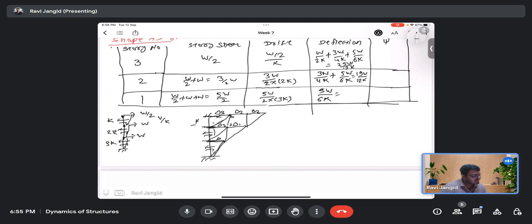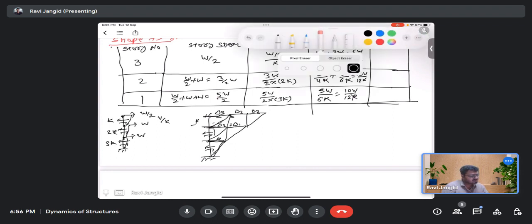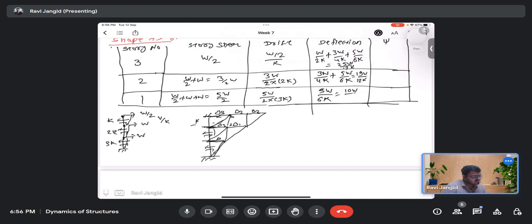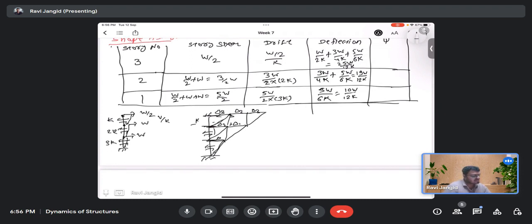And if I multiply it upper and lower with 12, it will become 10W by 12K. So now I can find out the maximum deflection, 25W by 12K.